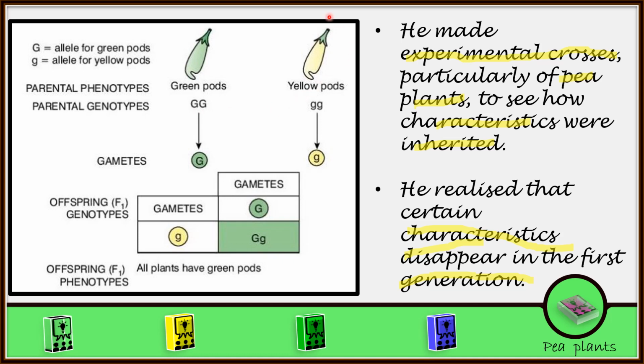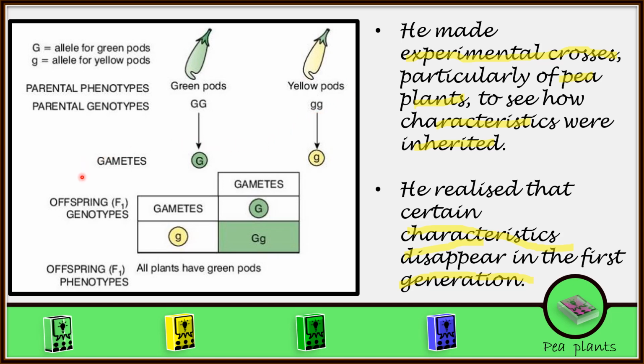And for the yellow parents, he used a yellow pod, which is the parental phenotype. The parents' pods were yellow, but the parents' genotype was small g, which is homozygous also for the color yellow. So they were homozygous for the allele small g.